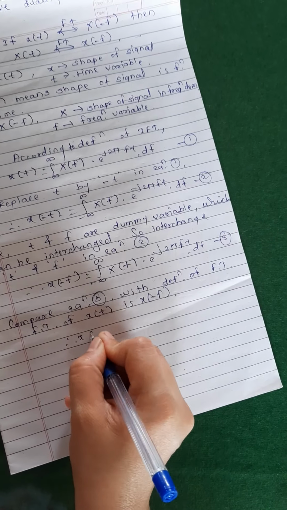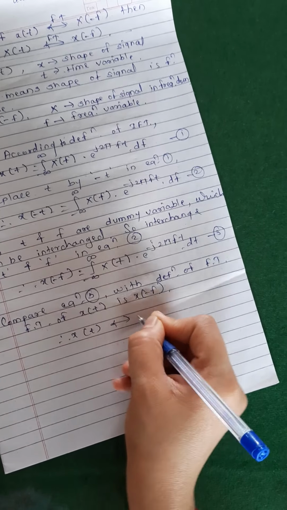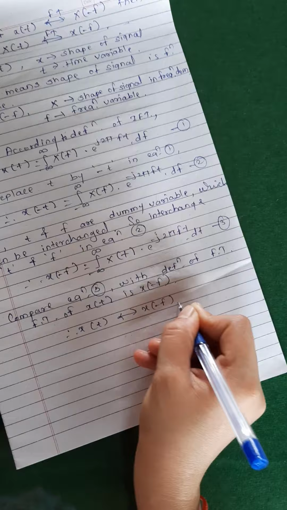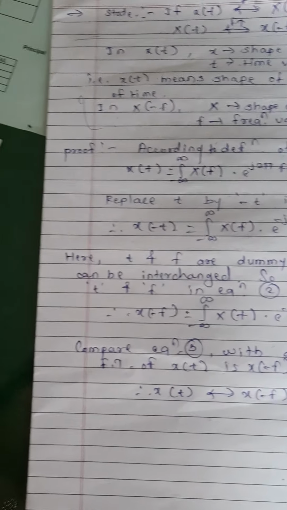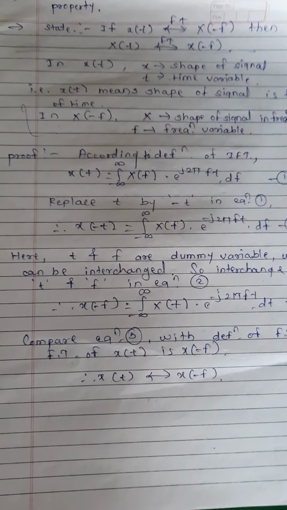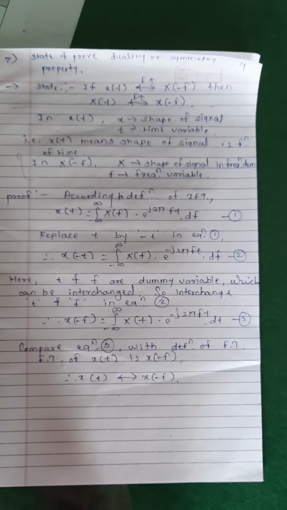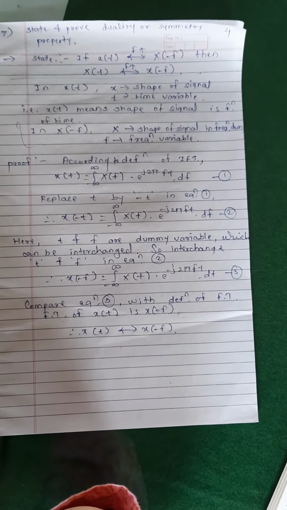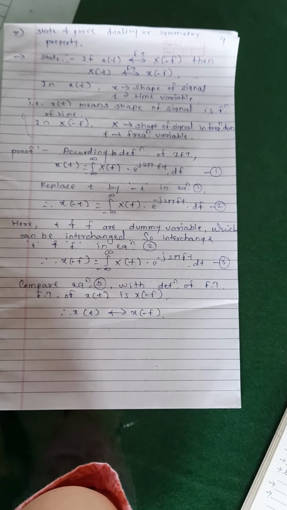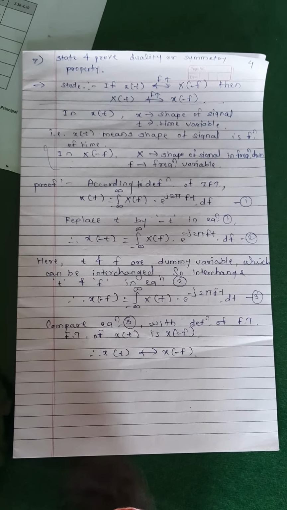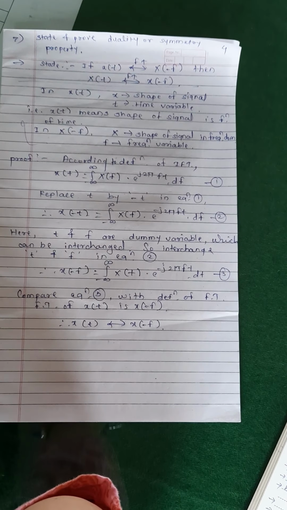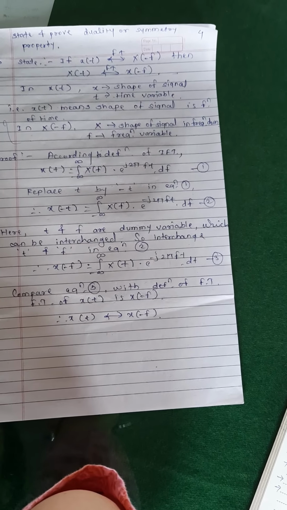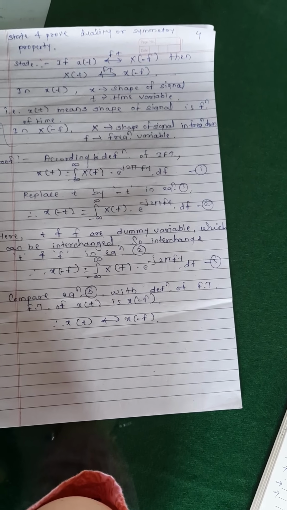Therefore X of t has Fourier transform x of minus f. Now the shape of the signal in time domain and frequency domain can be interchanged. Here dummy variables are used and we can interchange these dummy variables. So from this we can say the significance is that the shape of the signal in the time domain and the frequency domain can be interchanged.